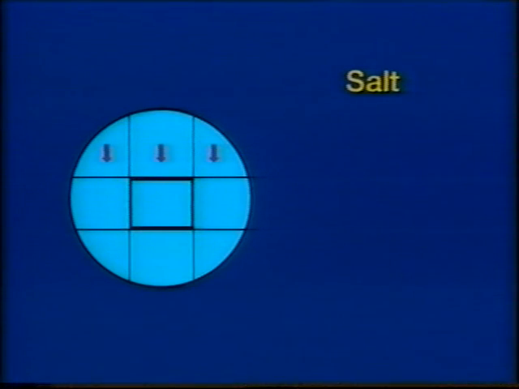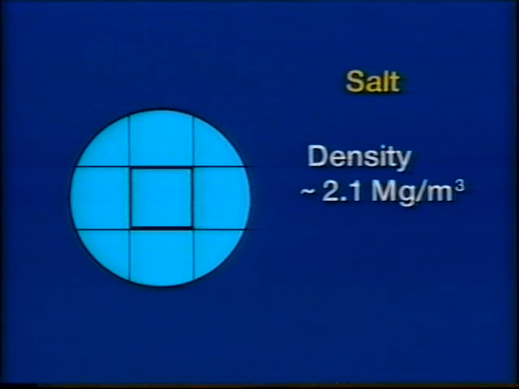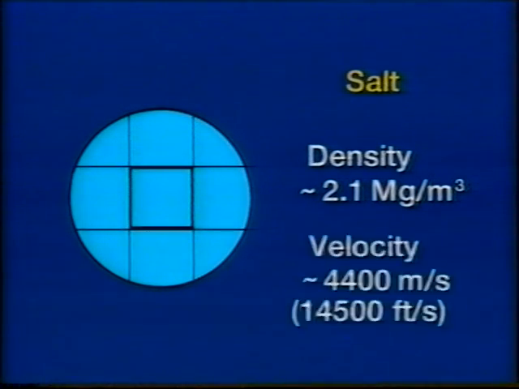This cube would like to bulge sideways, but it cannot because of the ones beside it trying to do the same. So salt, limited to this simple behavior, is, for an earth material, very well behaved. A consistent density of about 2.1 and a consistent velocity of about 4,400 meters per second, both increasing only slightly with depth.